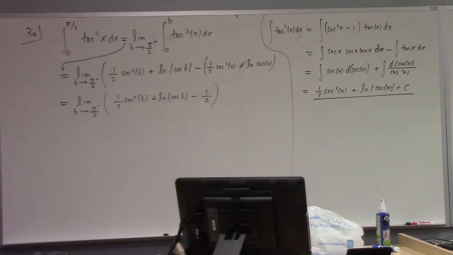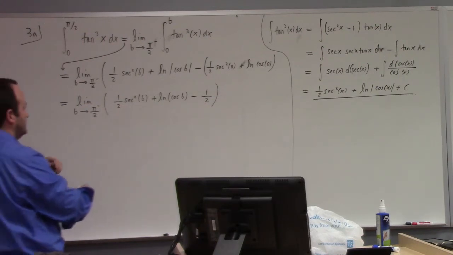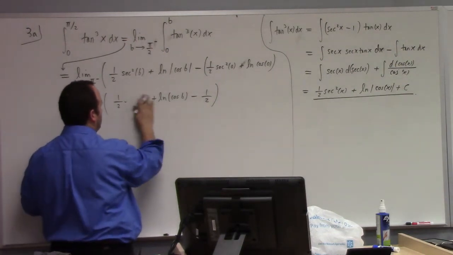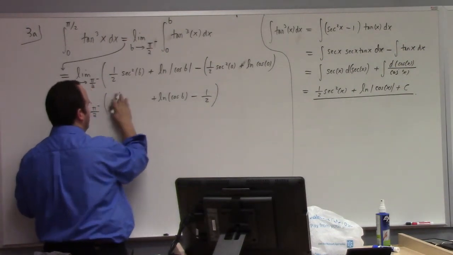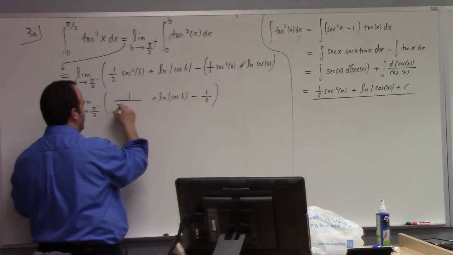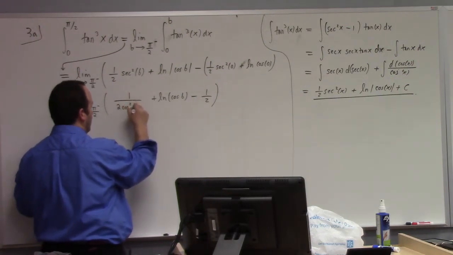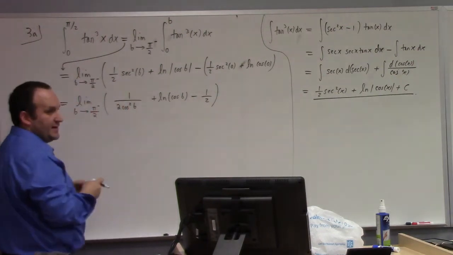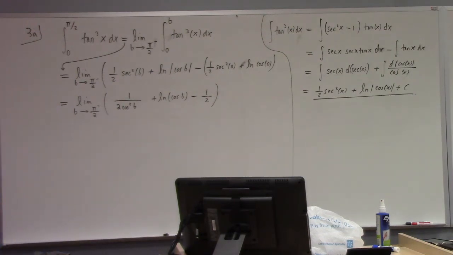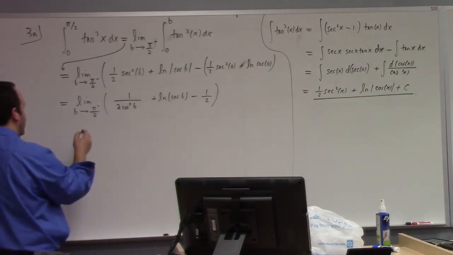So how should we simplify this? What do you do with infinity minus infinity? I think it might be helpful to rewrite this as 1 over 2 cosine squared b, right? Because often making a common denominator is the way to resolve this kind of indeterminacy.